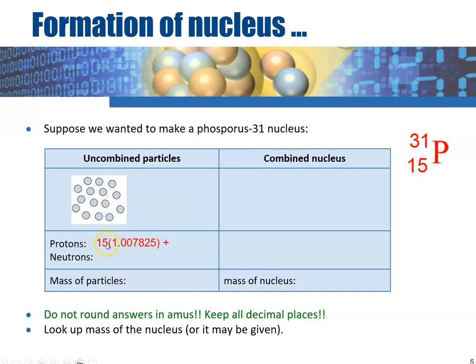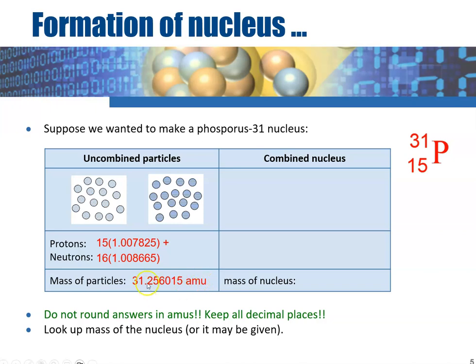And we know that the atomic mass unit mass of every proton is this number. So I wrote that down. And then I'm also going to need 16 neutrons. And the mass of every neutron is this number in atomic mass units. And so if I add them together, this would be the expected mass of the nucleus in atomic mass units.